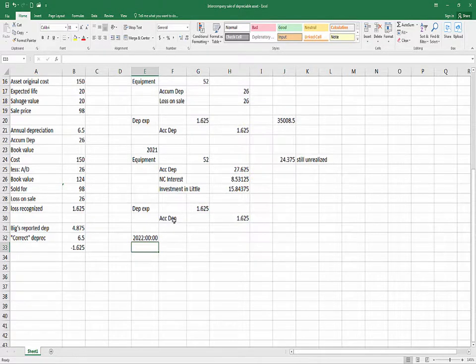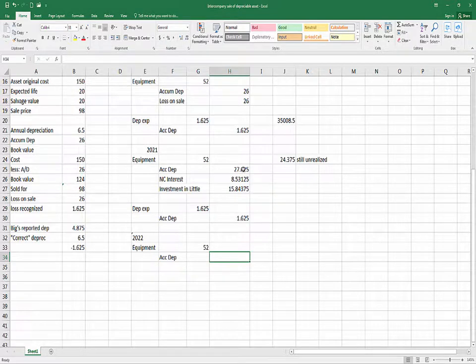2022, same drill. We carry forward the equipment account. First, we debited equipment. Didn't do anything else to affect the equipment account, so we're carrying forward that $52 debit to equipment. The accumulated depreciation account. Again, what did we do?